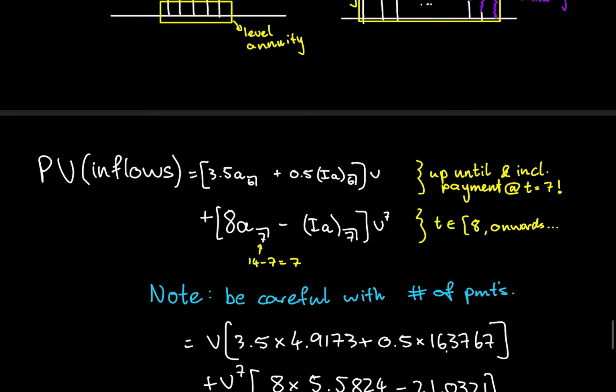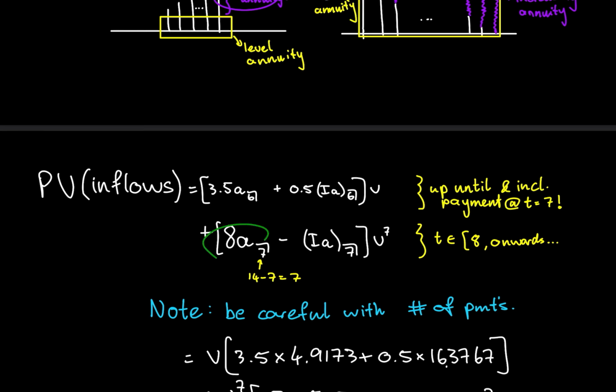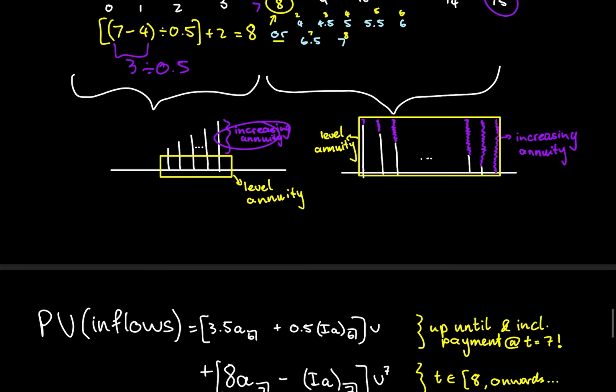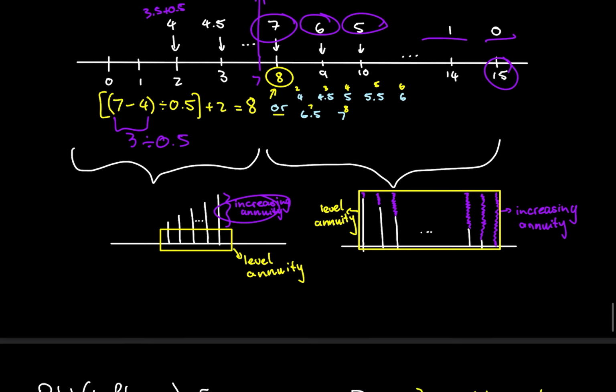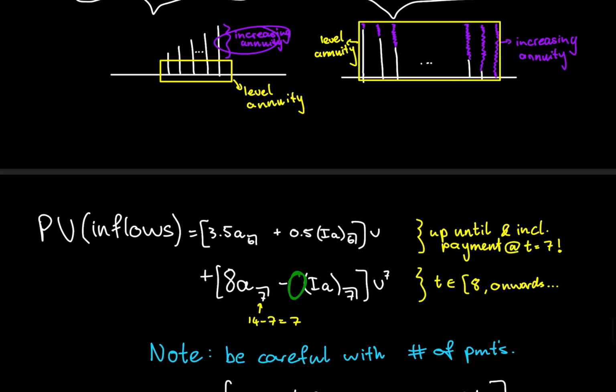Okay, so if we have this level annuity of 8, what increasing annuity are we going to have to use to subtract from that to get the correct decreasing annuity? So obviously, if our first payment is 7, but our first payment in our level annuity is 8, it's going to have a constant increase of 1, which is why the coefficient of this increasing annuity is 1.